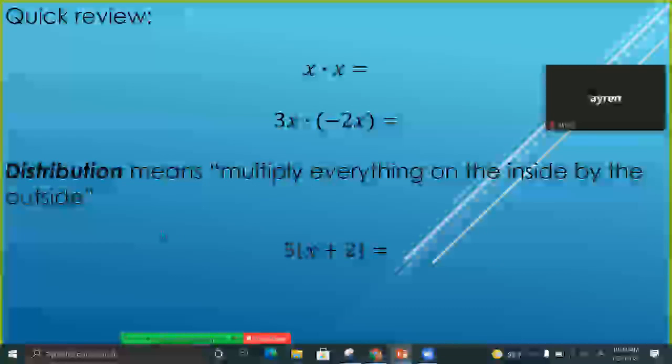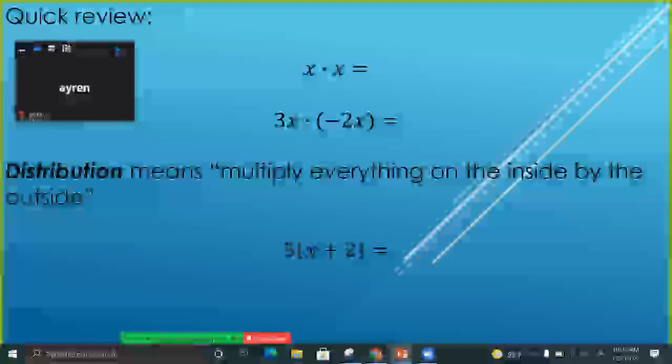Okay, didn't mean for this to all happen at the same time, but I want to do a quick review with you on just multiplying different terms together, especially terms that have variables. So at the top, x times x, how would I write x times x? Someone help me out with this if you don't mind.